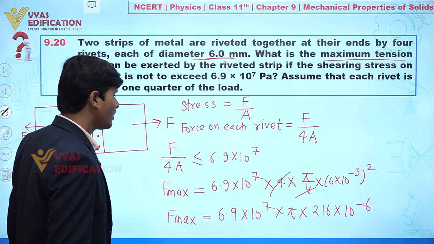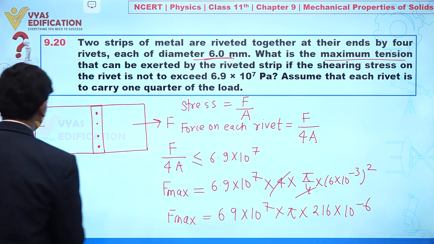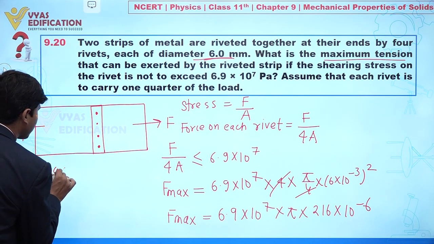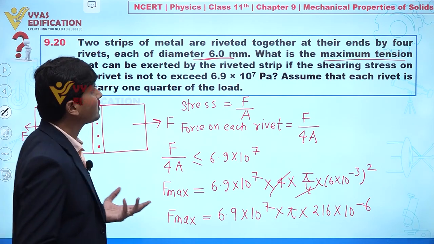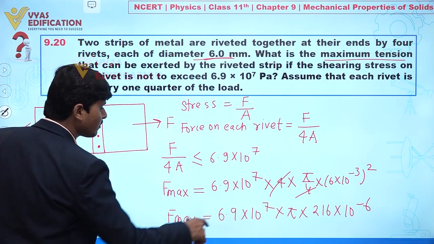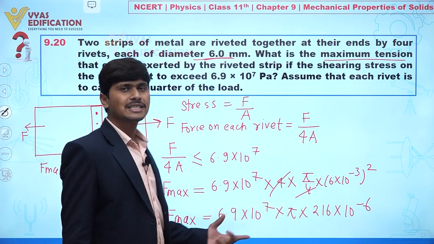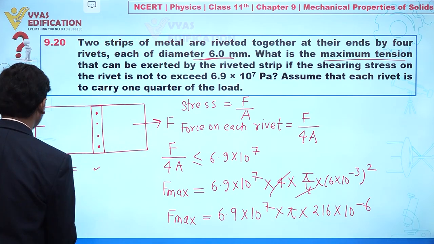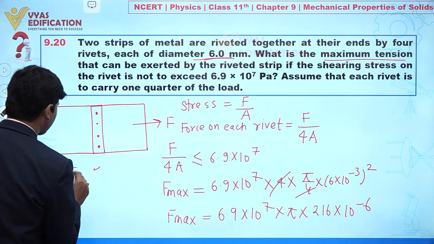Now if we calculate, the maximum tension value is given by, approximately, I am taking 7 for 6.9. I am just doing an approximate calculation.